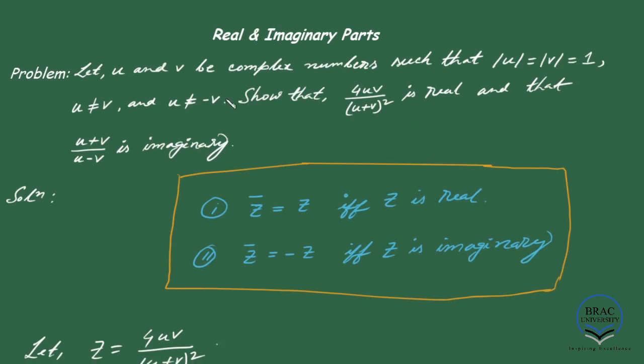We don't have any direct information about the conjugate of u and conjugate of v, but we can see the magnitude of u and magnitude of v, and it's a good idea to work with the magnitude squared instead of magnitude, because we can use the property that the magnitude squared of a complex number z is equal to z times the conjugate of z. So in this case, the magnitude squared of u can be written as u times the conjugate of u. From there, we might be able to derive something.